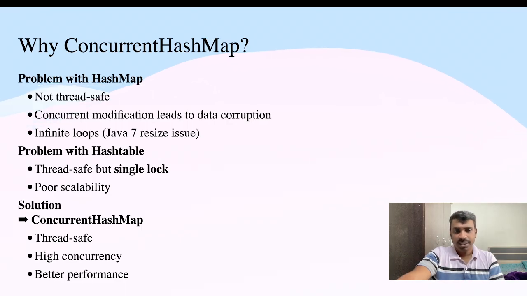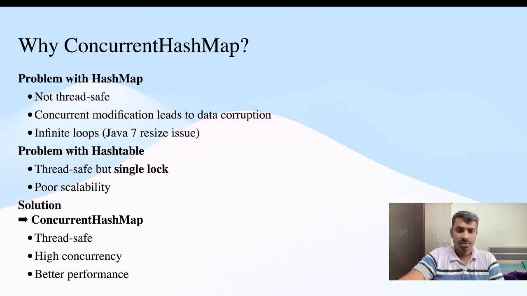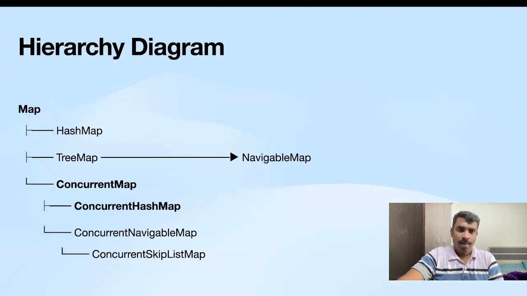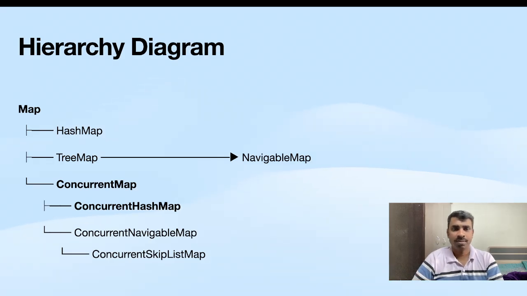So our solution is ConcurrentHashMap. It is thread safe, high concurrency, better performance. These three points are very important: it's thread safe, it's high concurrency, and better performance. Now I will show you the hierarchy. Everyone knows we have a collection framework, but Map does not come under the collection framework.